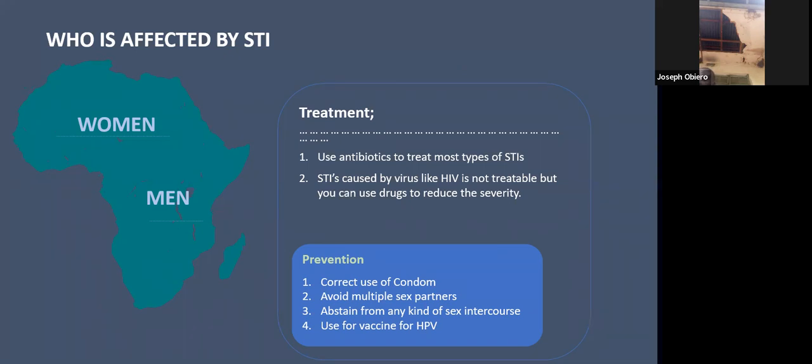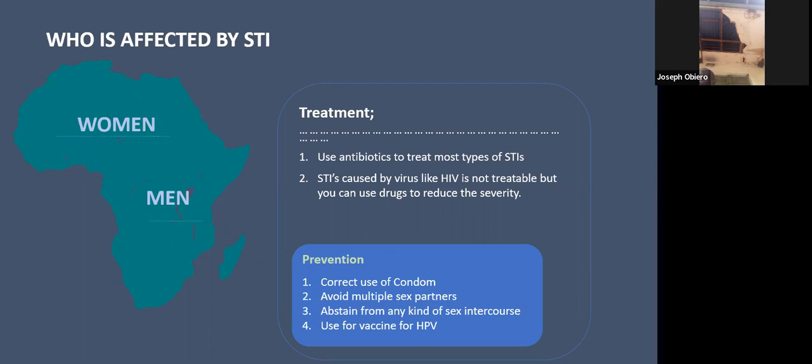Then we'll go to prevention. When we go to the prevention of STIs, we can do vaccination, like for HPV, so that they are not exposed to the infection.